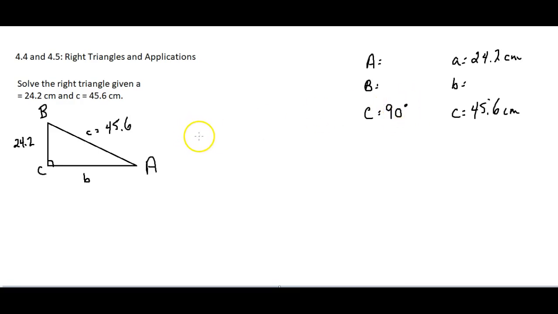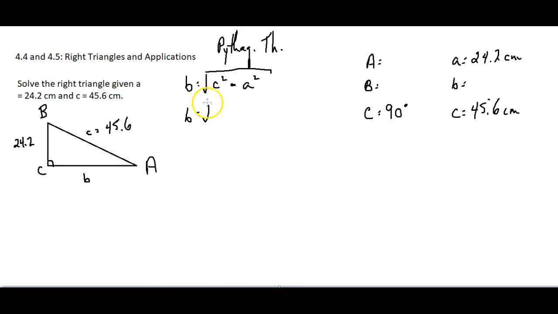Great, so from that we can see we have two angles to solve for and a side to solve for. If you want, you can go ahead and find the third side using Pythagorean theorem. Okay, so Pythagorean theorem, we'll find the third side. B is equal to the square root of c squared minus a squared.